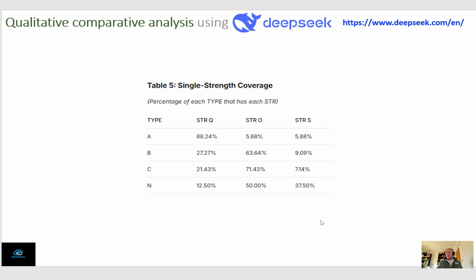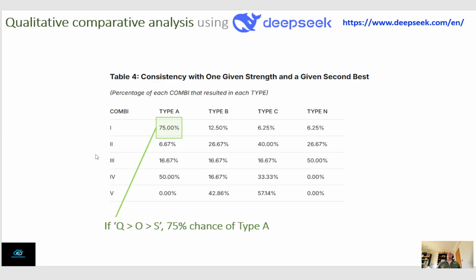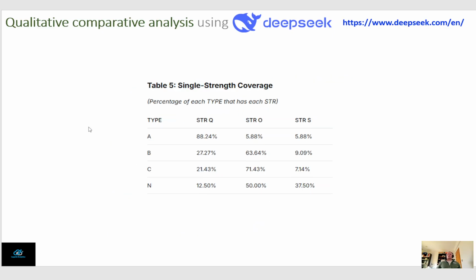Now, single strengths coverage. Notice that in the consistency tables, DeepSeek has provided the features or combinations of features on the left, and the types on top. Now it's the other way around, because coverage is the percentage of each type that has each strength. In this case, that was for questions 5.1 to 5.12. Do we see any interesting numbers? Yes.